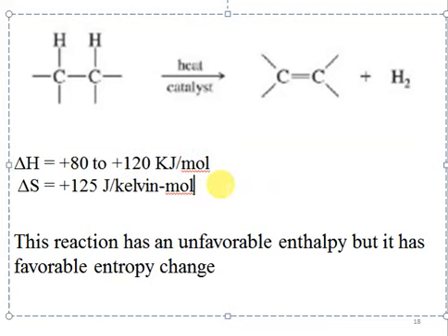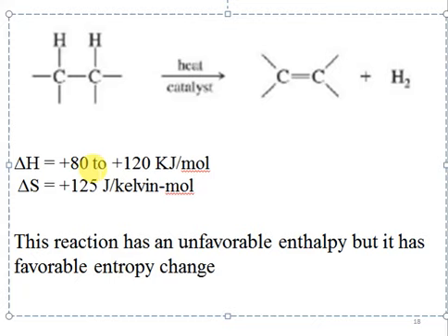So this reaction is unfavorable with respect to enthalpy because enthalpy is positive, but it has a favorable entropy change. Since entropy is increasing, the reaction goes in the forward direction because of entropy. However, the enthalpy is not favoring this reaction, right?